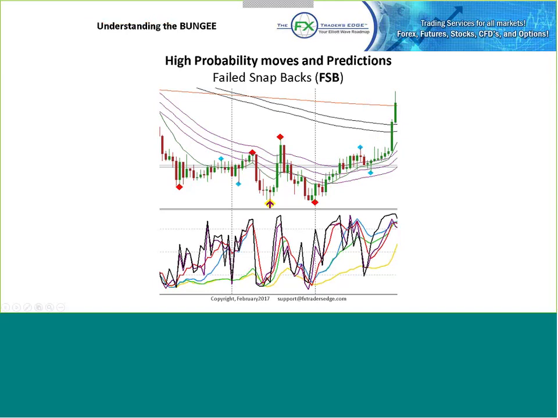And if you like chart patterns, all this is showing you is the right-hand side of an inverted head and shoulders. When it's setting up, and you get the failed snapback on the right-hand side, and it looks like a head and shoulders, whichever way up, normal or inverted, then it probably is.